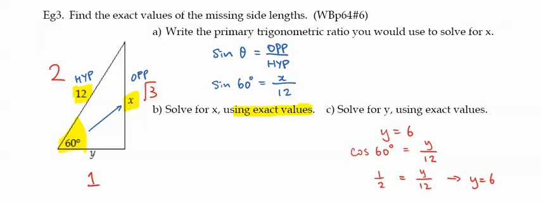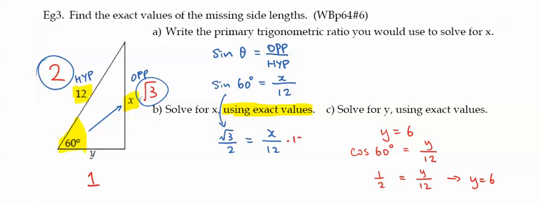Using exact values, sine 60 degree will now give us root 3 over 2. Root 3 over 2, that's the ratio for sine 60. And here we have x divided by 12.